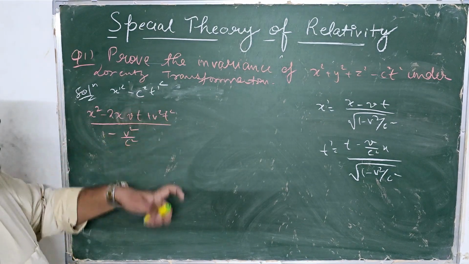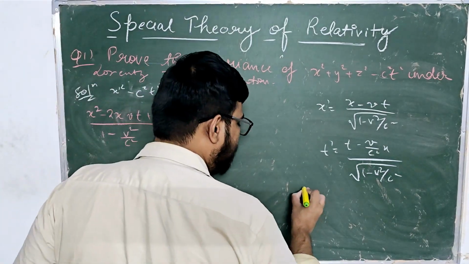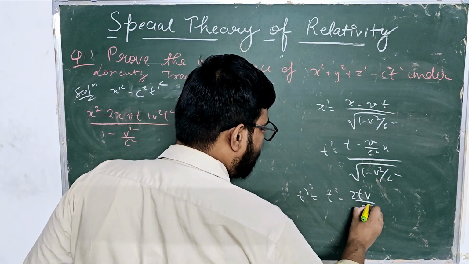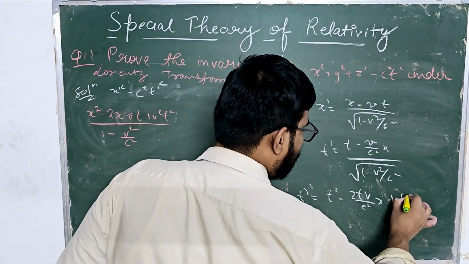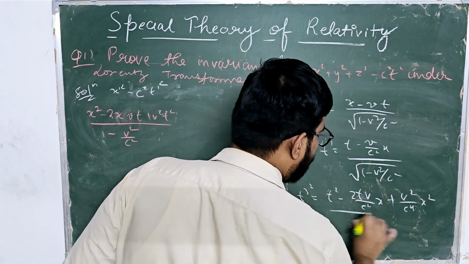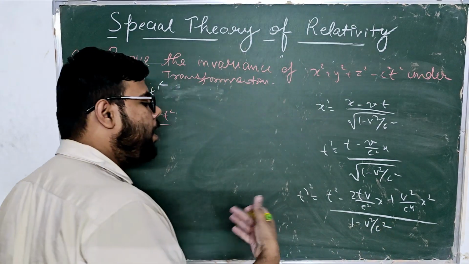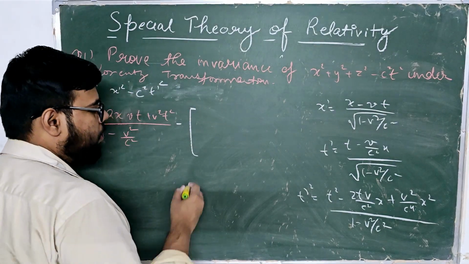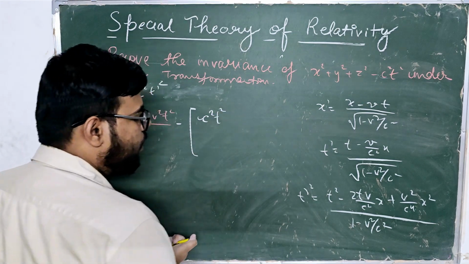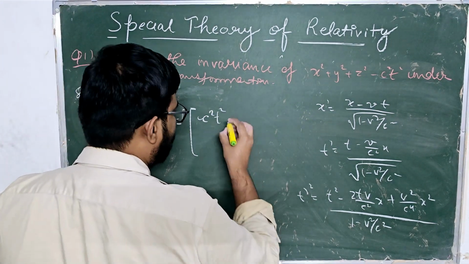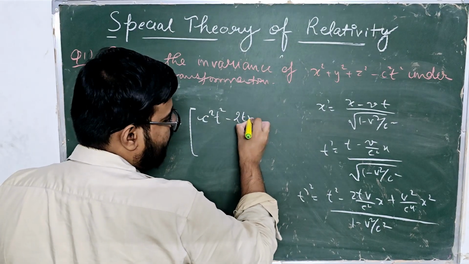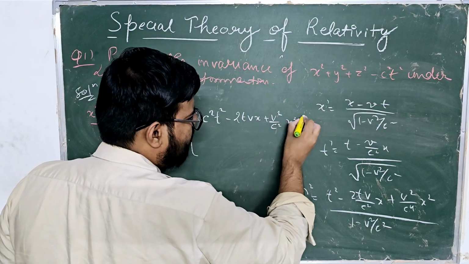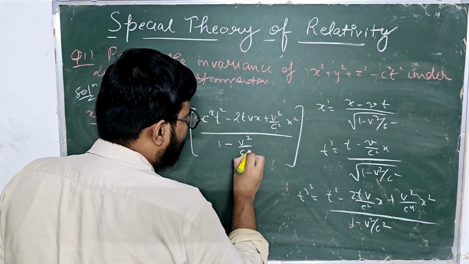Now what is t'²? t'² is (t² - 2tvx/c² + (v²/c⁴)x²) / (1 - v²/c²), and when you multiply by c², let's see what you get: c²t² - 2tvx + (v²/c²)x², all over 1 - v²/c², right?